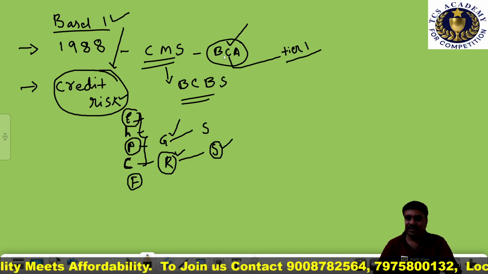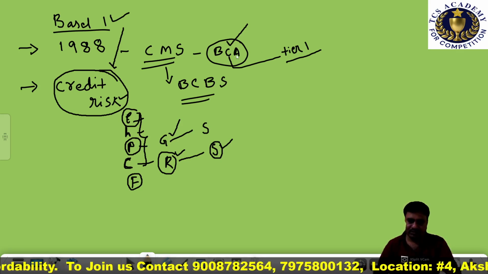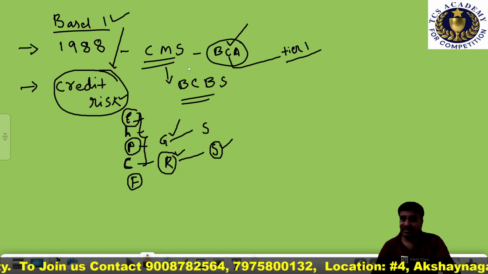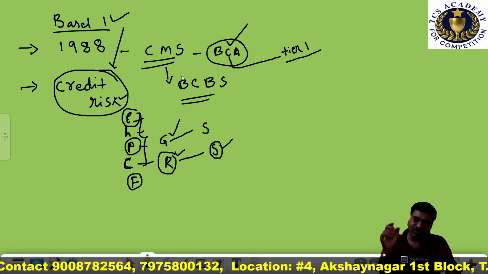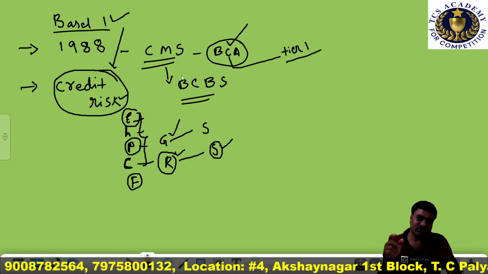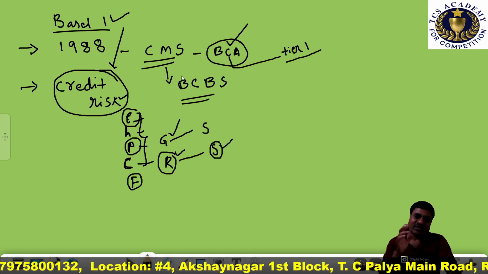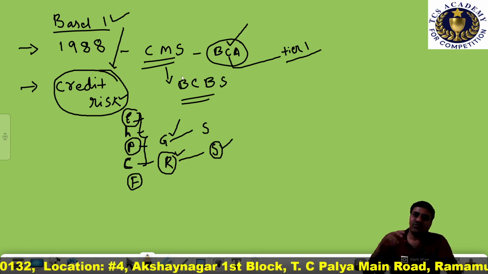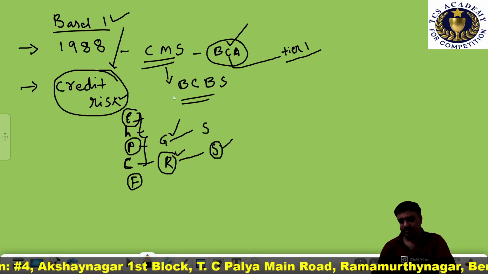So, the Basel Capital Accord. You know what credit risk is. As I told you, credit risk is the possibility of a loss for a banker resulting from a borrower's failure to make the payment with interest.